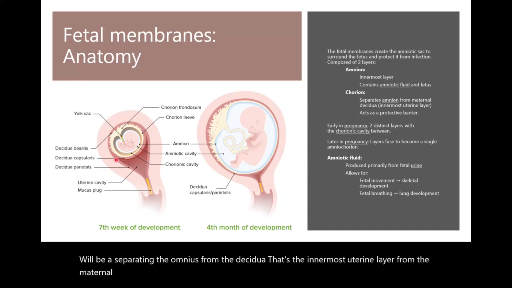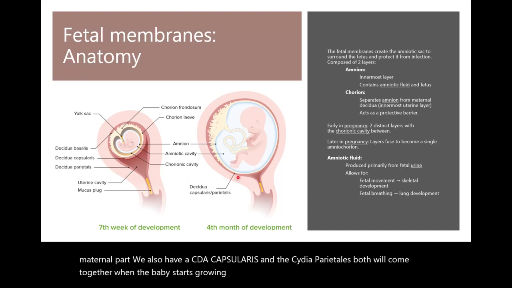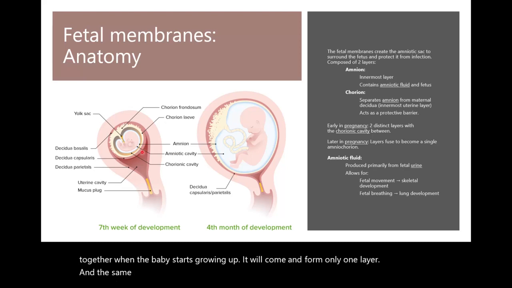We also have the decidua capsularis and decidua parietalis. Both deciduas will come together when the baby grows and form only one layer. The same thing will occur to the amnion and the chorion.